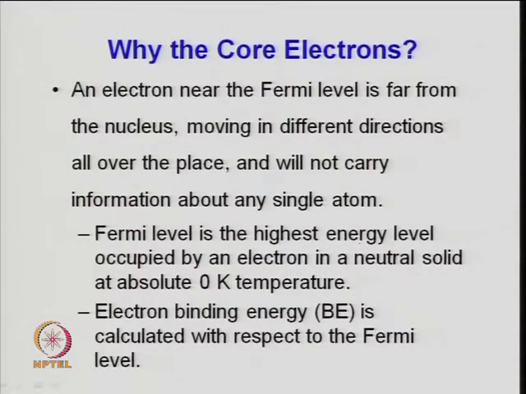So, why core electrons? I have already discussed this, but the electrons near the Fermi level are far from the nuclei. The core level is below the Fermi level. The electrons near the Fermi level move in different directions all over the place, so this may not give you very useful information, because at the Fermi level they are free to move up; that is the work function I told you about, and then the vacuum level.